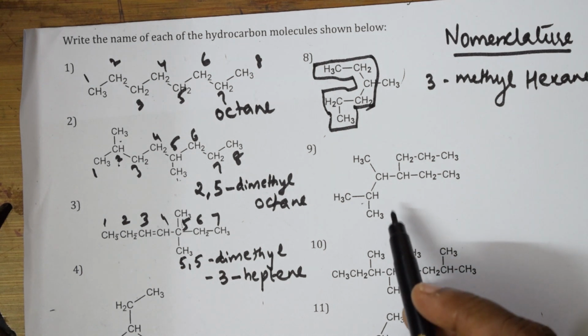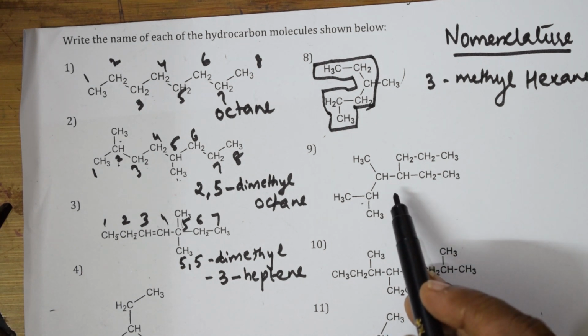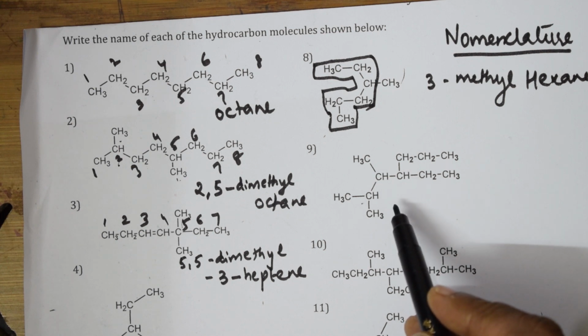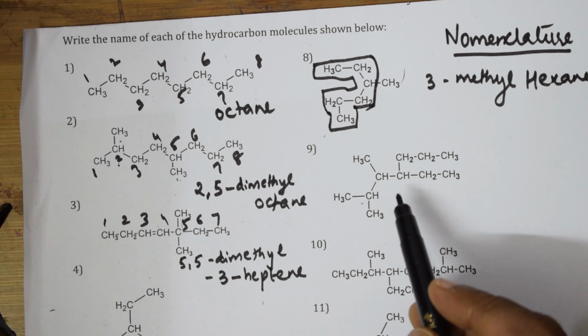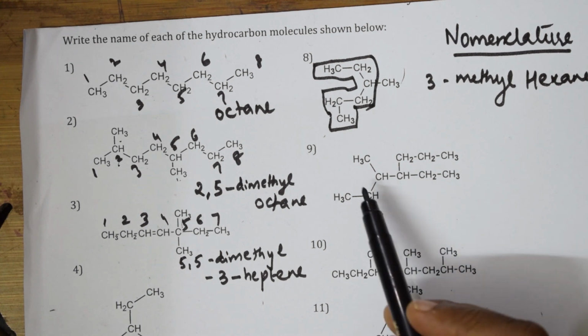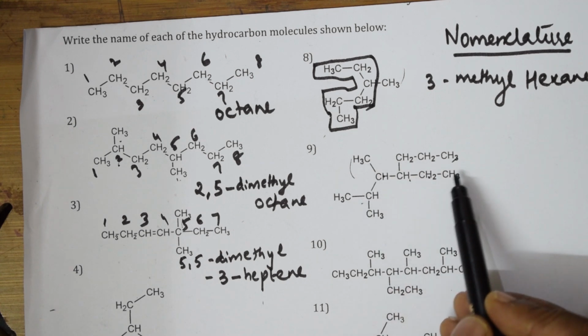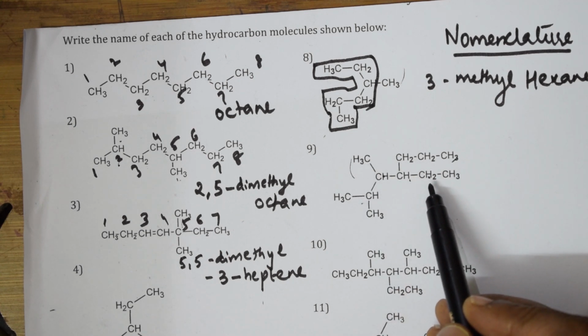Now let's come back and see this. In this particular example, first I have to see what is the longest chain. According to this, if I start counting, I need to see the possibilities. What is the longest chain? Suppose if I only consider this, 1 2 3 4 5, it is only pent.